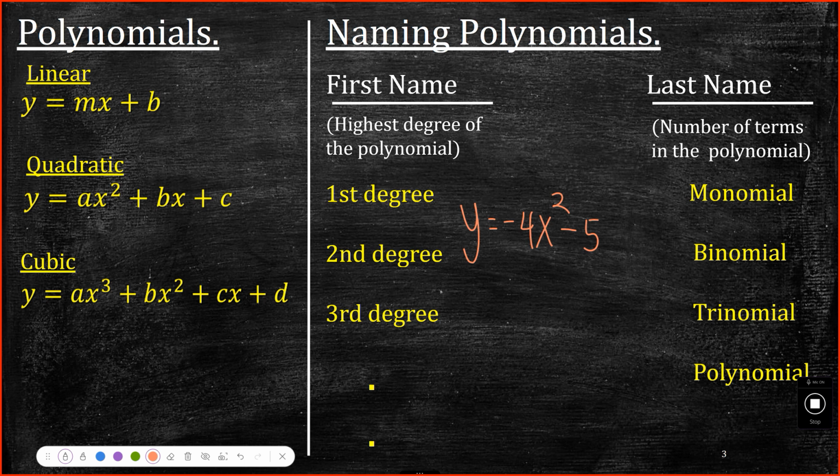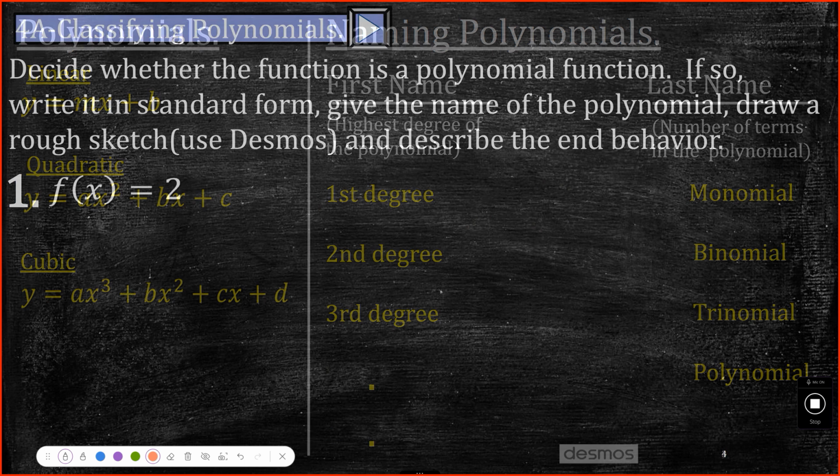Second degree binomial? Okay, so I hope that you get the idea here. You get to choose from here for the first name, and then here for its last name. Okay, let's continue.